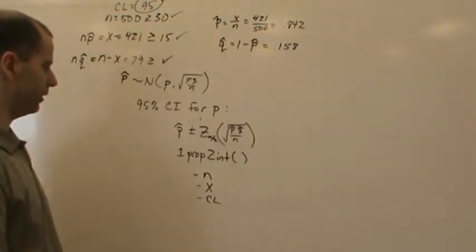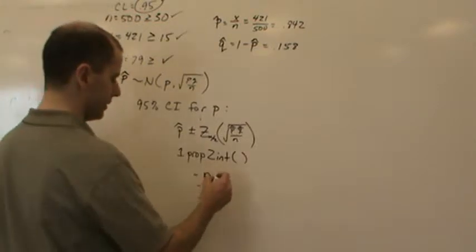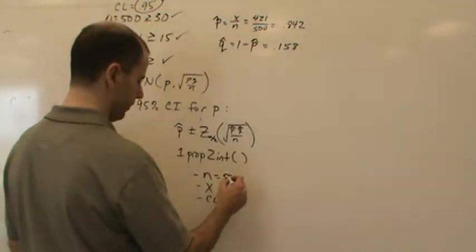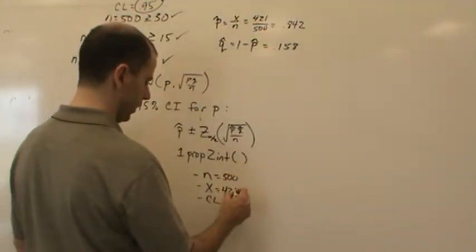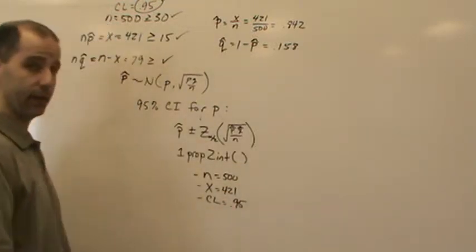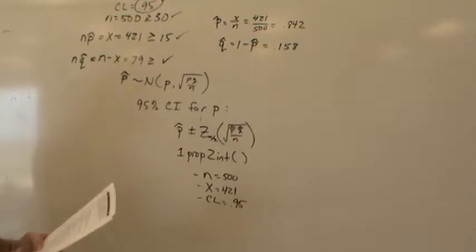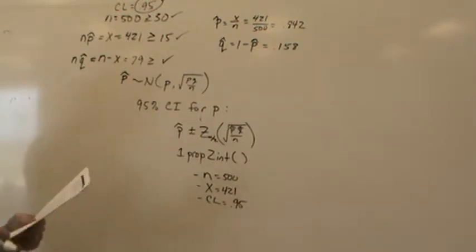So in this case here, all you would put in is n is equal to 500, x is equal to 421, and the confidence level is 0.95. And then hit calculate, and it'll give you the same confidence interval.